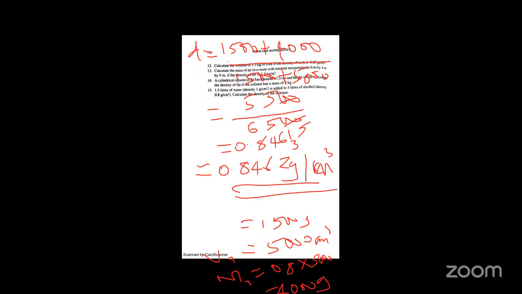So that's what you were supposed to get from that question. The total density of the mixture is the sum of the individual masses over the sum of the individual volumes, which gives us 5,500 divided by 6,500.